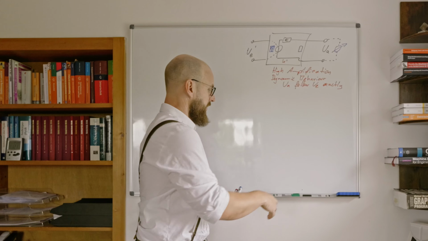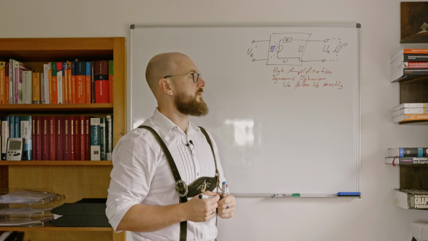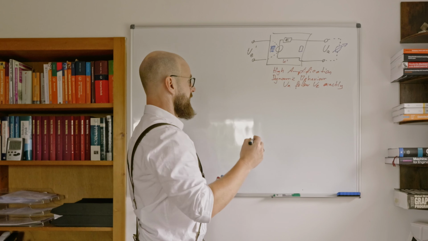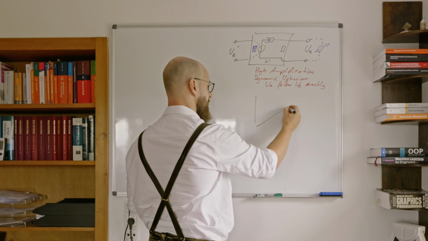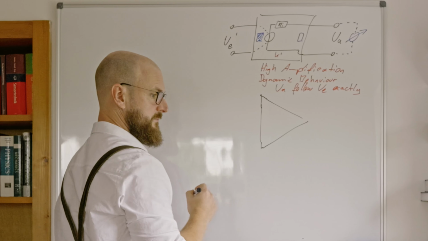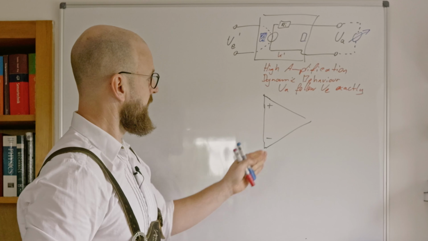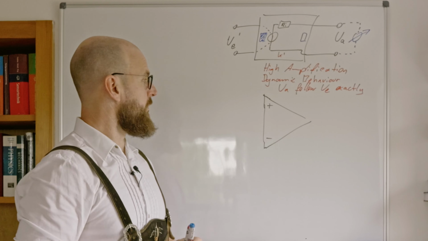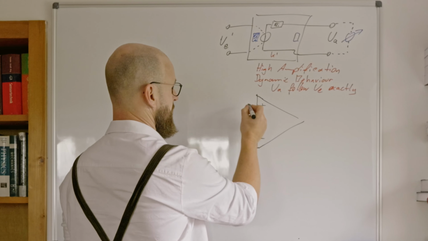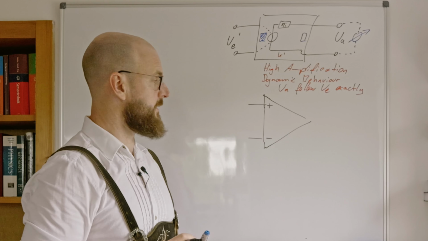And for sure, you all know it, there are some amplifiers out there which deliver something like that. Namely, operational amplifiers, which are marked in electrical engineering by such a triangle, and those amplifiers have two inputs, a plus and a minus side.